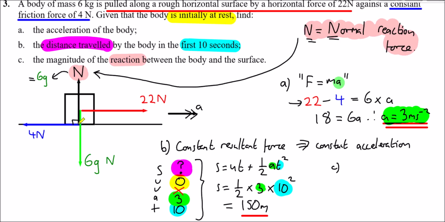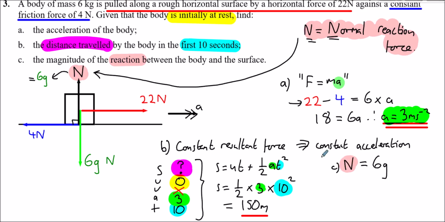If it weren't equal, either the object would fall through the floor, it would break the floor, or if it were greater than the weight, the object would be pushed up and would be either floating or rebounding like some sort of trampoline. So it's safe to assume that N would have to balance exactly with the 6g weight of the object. So N equals 6g. Simple as.